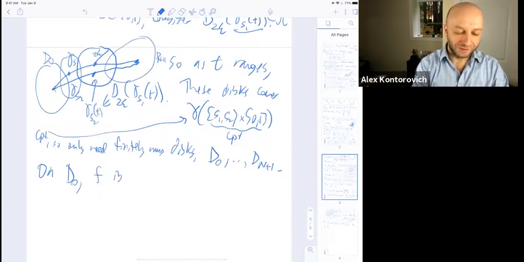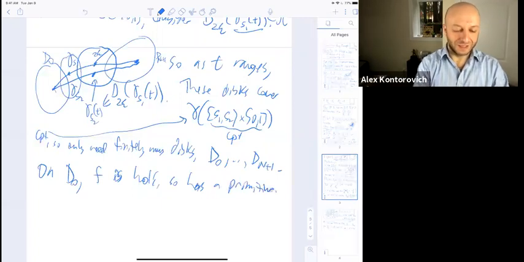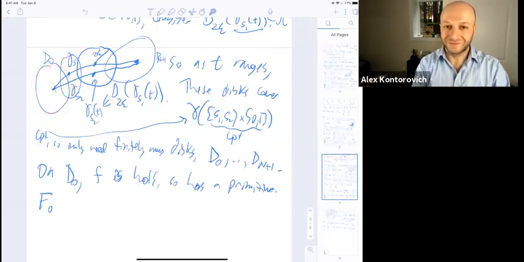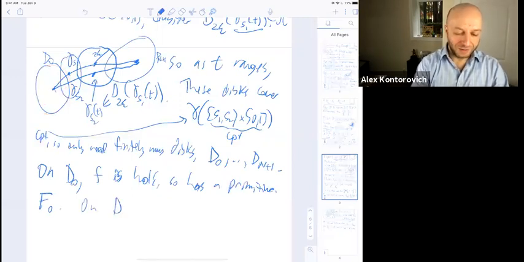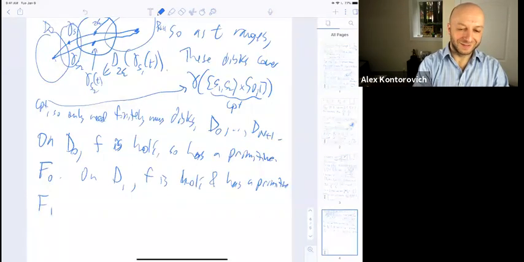F is holomorphic, so it has a primitive, let's say capital F0. Holomorphic functions on disks have primitives. So we have this primitive F0. On D1, F is holomorphic and has a primitive F1.